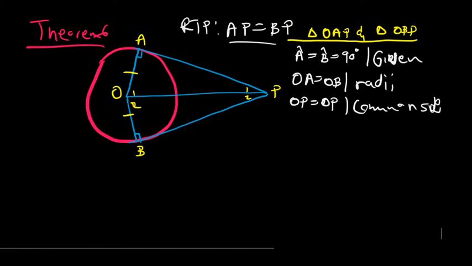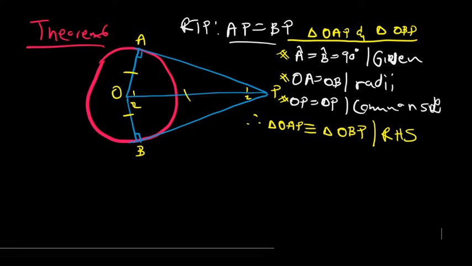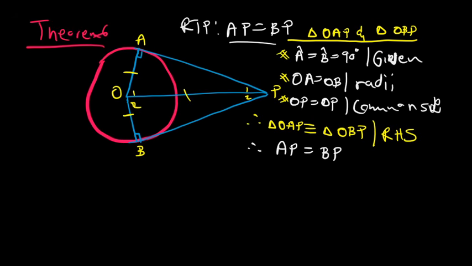So now you've proven two sides and an angle. Therefore, triangle OAP is congruent to triangle OBP. The reason for that is right angle, hypotenuse, side. So this concludes that tangent AP is equal to tangent BP. Now we're done with Theorem 6.